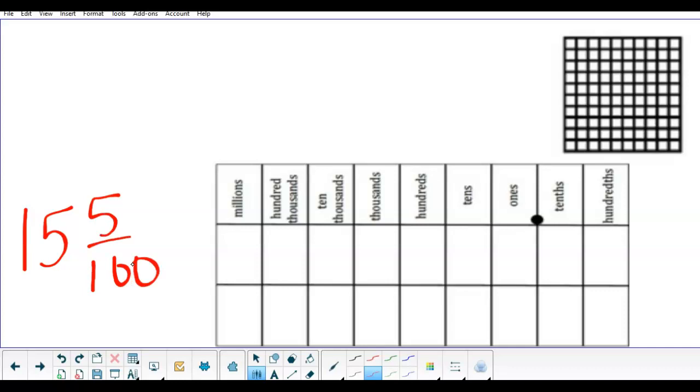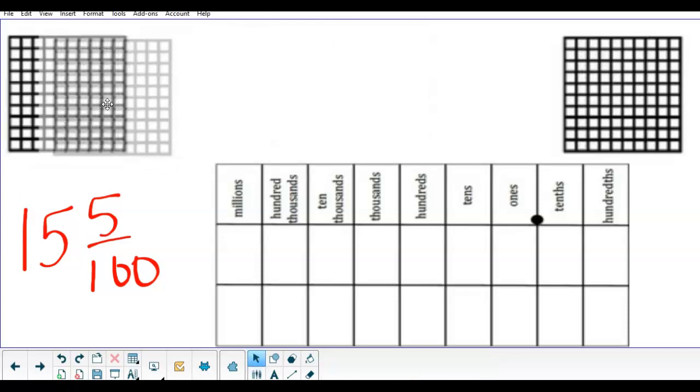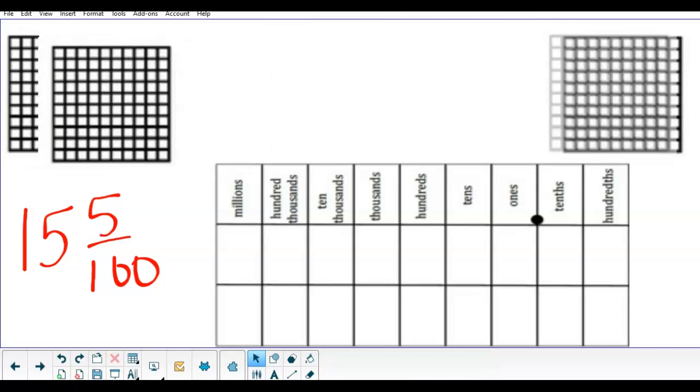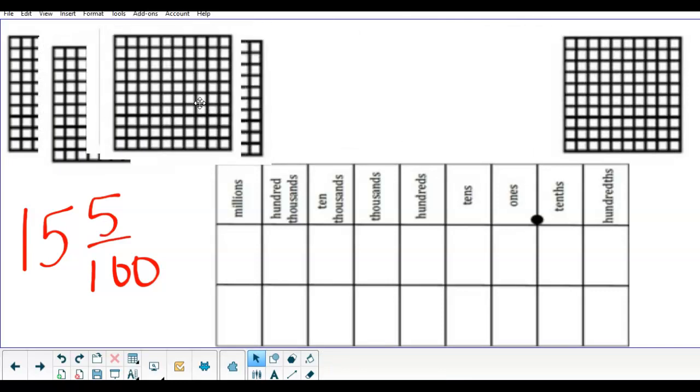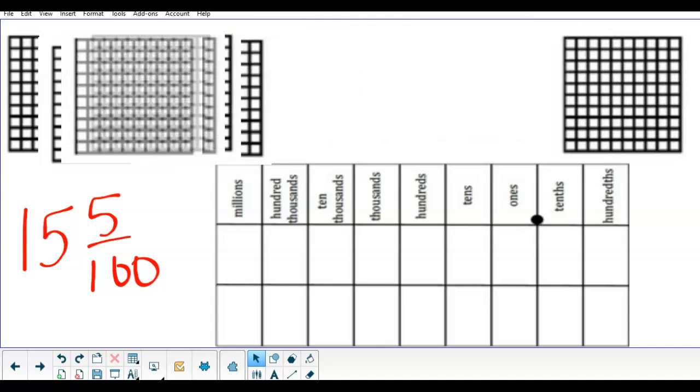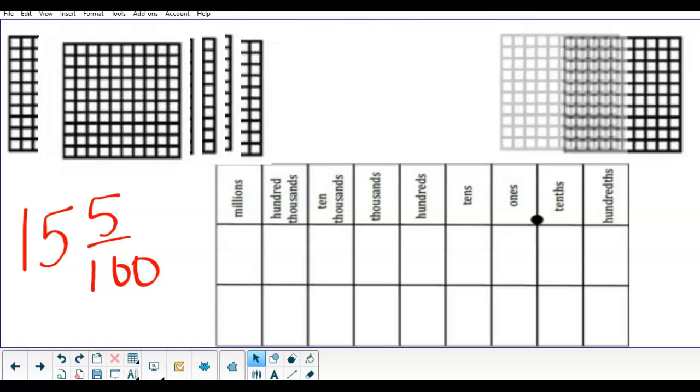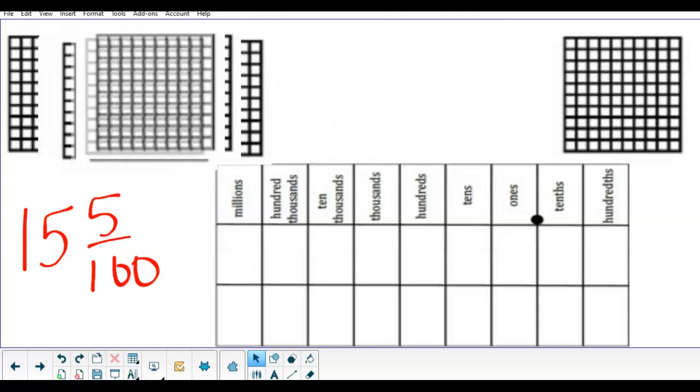Okay, so what if I have 15 and 5/100ths? Okay, so 15 would be 15 wholes, right? So if I wanted to show that with a model, I would need 1, 2, 3, 4, 5, 6, 7, 8, 9, 10, 11, 12, 13, 14, 15.